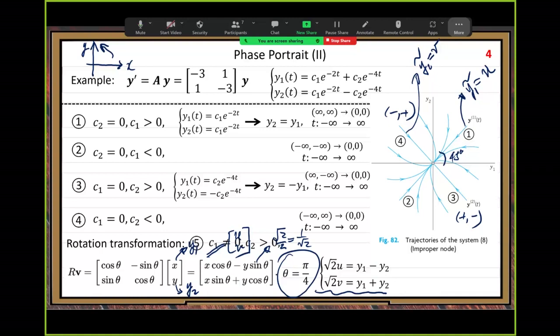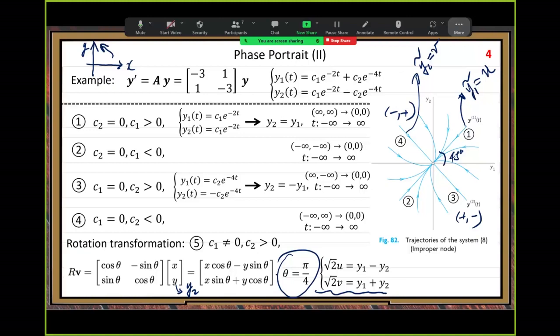So our case number 5: we want to look at C1 non-zero and C2 positive.